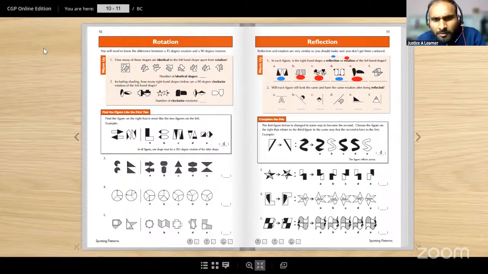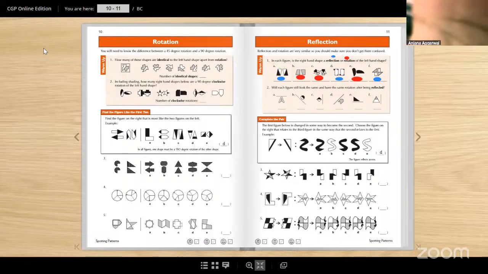Good. Are they all correct? First one is reflection, yep. Okay, and B, you picked the rotation. Can you make me understand how you have done B as a rotation?